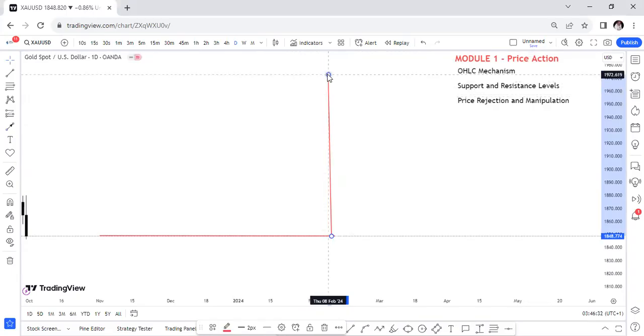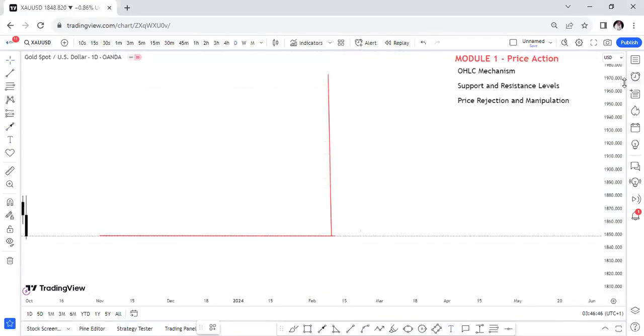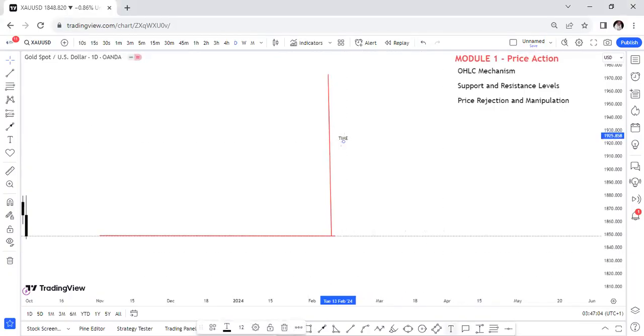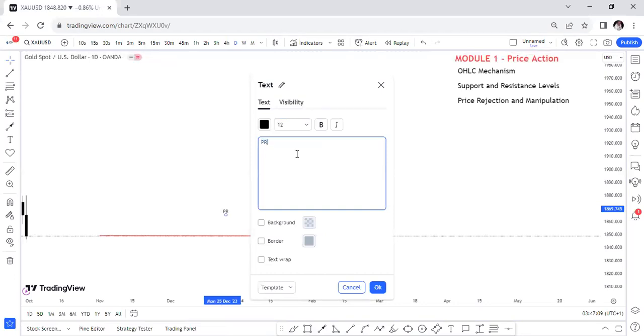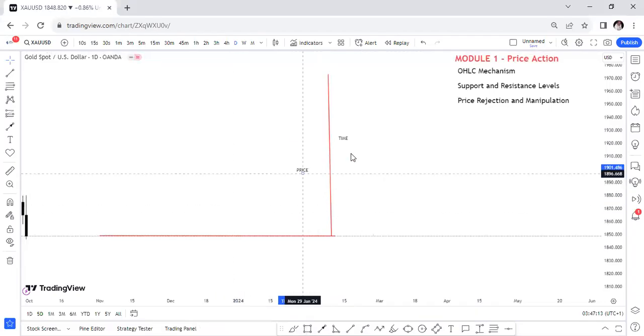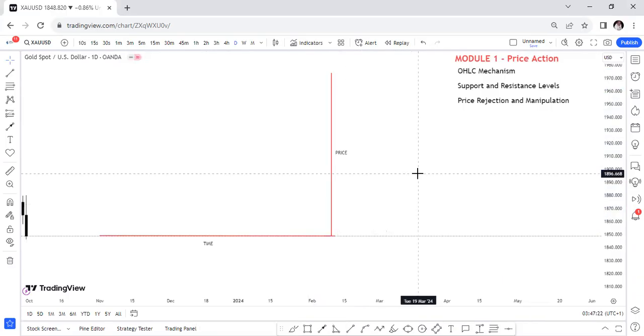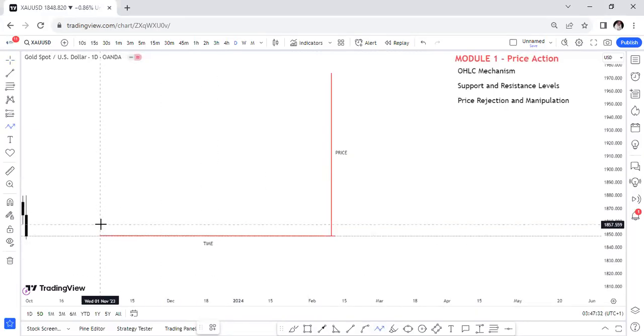If this is your chart, with the time axis and the price axis, then price action is all about supply and demand forces moving along the price-time chart.